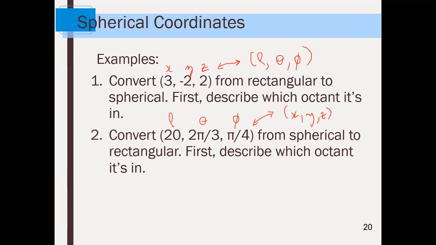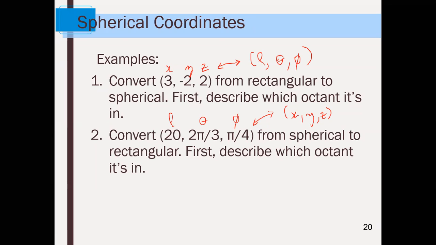All right. So let me ask you, what octant is that point in? Remember, we start where x, y, and z are all positive. That's the first octant. (3, -2, 2), what octant is that? Isn't it the second octant?